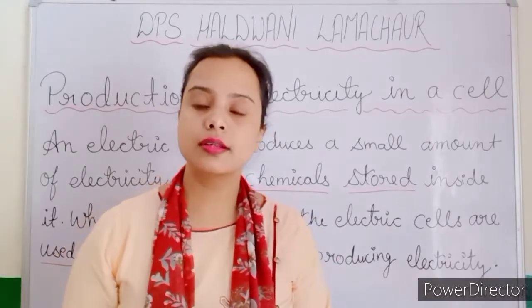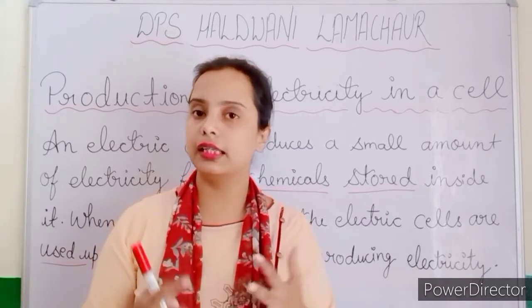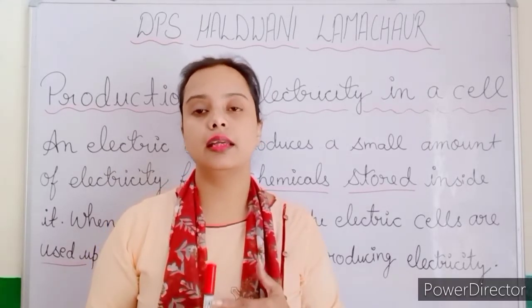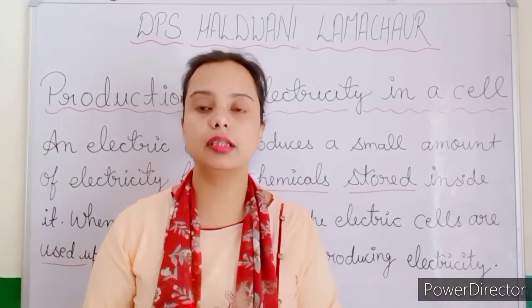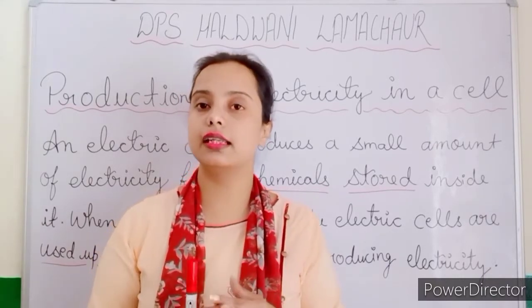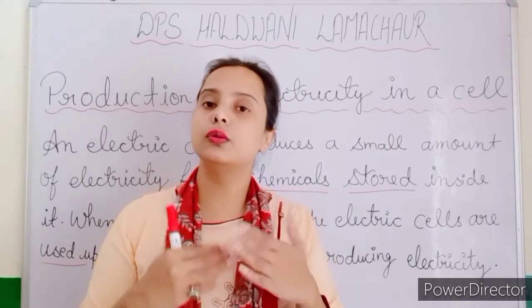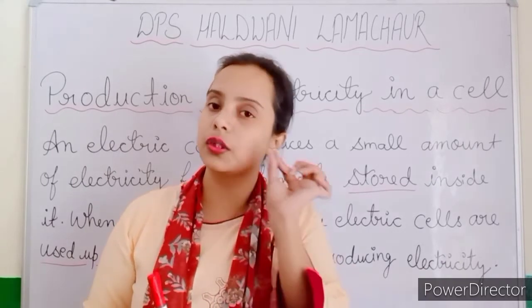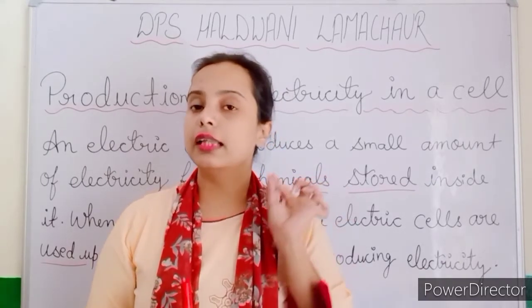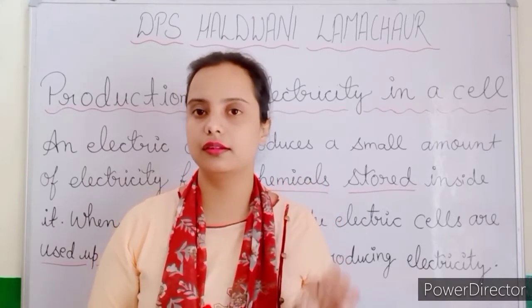That is because the electricity is produced by a chemical. Electric cell के अंदर क्या होता है, chemicals होते हैं. जब वो सारे chemicals use हो जाते हैं, जितने amount of chemical present होता है वो जब सारा used हो जाता है, then that electric cell stops working.